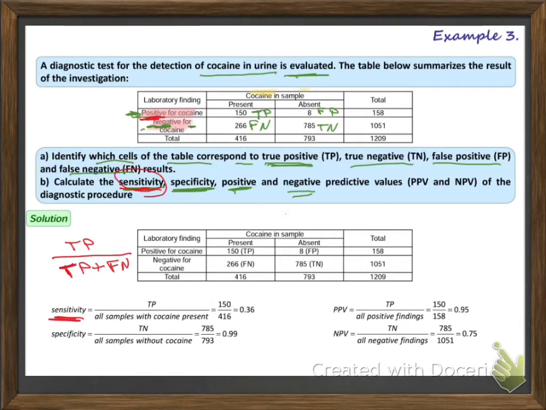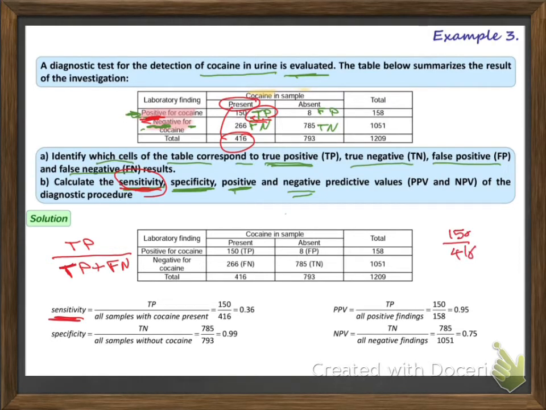The word sensitivity itself has to trigger in our mind the true positive. So it equals the true positive divided, not by the positive, but by the other character, which is present, the total of this curve. So it will equal 150 over 416.